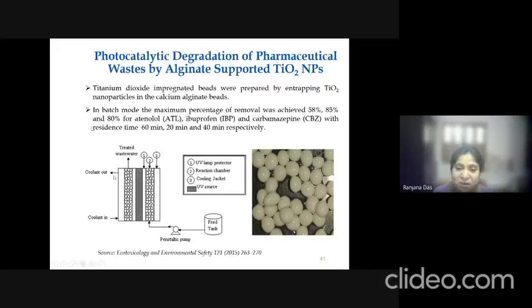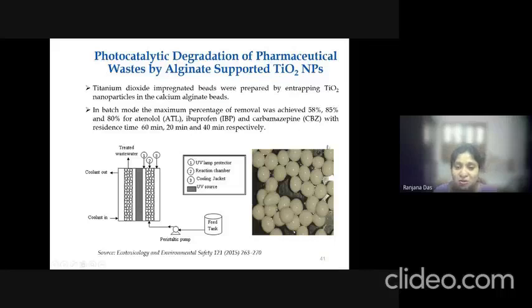And these alginate bits are packed in an annular photoreactor, with the UV lamp inside. We allow the effluent to pass through this reactor, and it comes in contact with the alginate bits along with the TiO2, and the UV light source is there. Then photocatalytic oxidation happens, and the water we collect is free of those organic contaminants, that is, the pharmaceutical components are almost reduced.